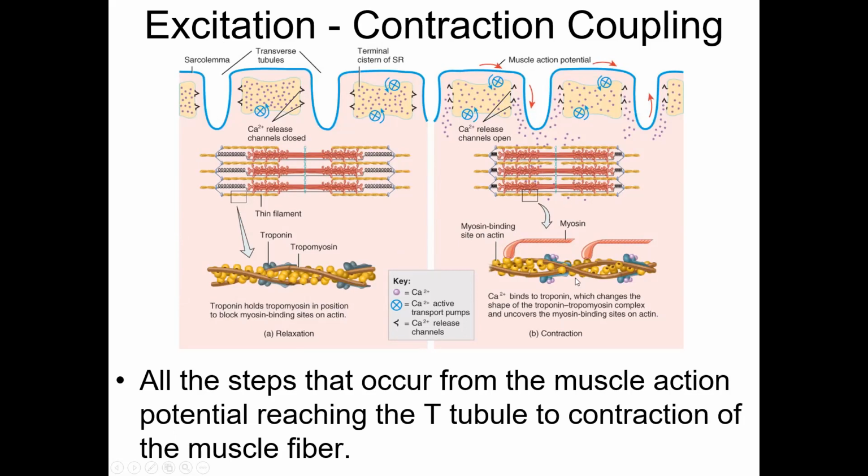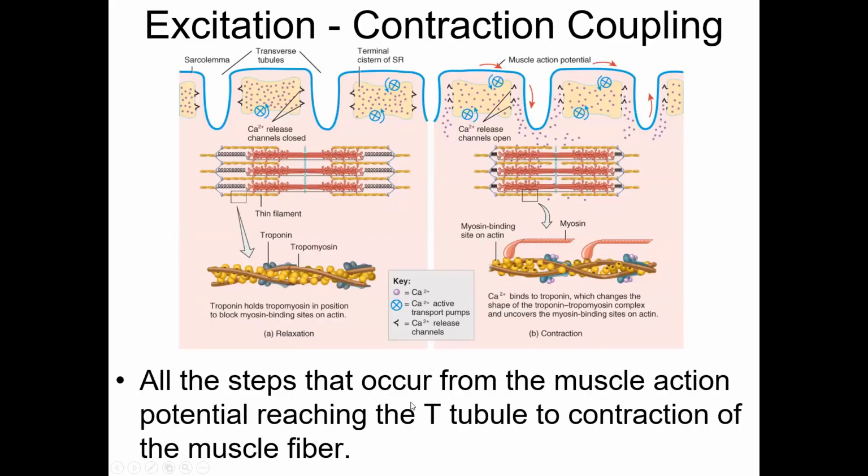The purple calcium ions, barely seen here, bind to troponin, and troponin will change how the thin filament looks and now opens up the contact for myosin molecules, and contraction will begin.